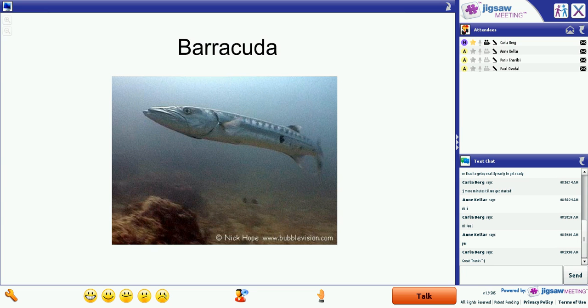Make sure you hit your talk button. It moves very fast. Great job, Paul. The barracuda moves very fast as well. It is very torpedo-shaped, it is very elongated, and its caudal fin helps push the water out of the way quickly.